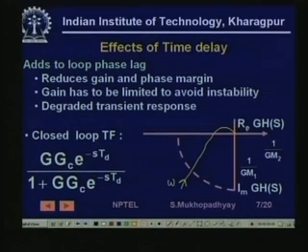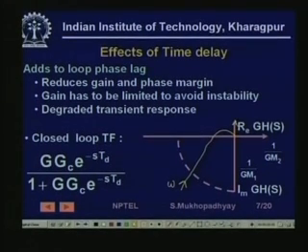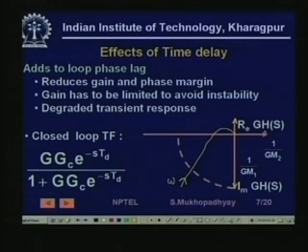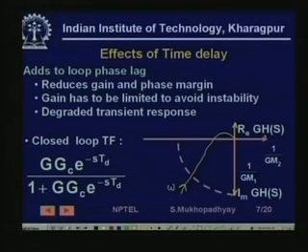These are the two axes: this is the imaginary axis, and this is the real GH axis. This is generally what is called the phase crossover frequency. If the gain here is Gm, then the gain margin is 1 by Gm.